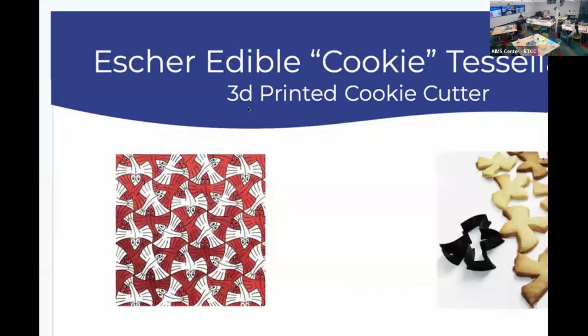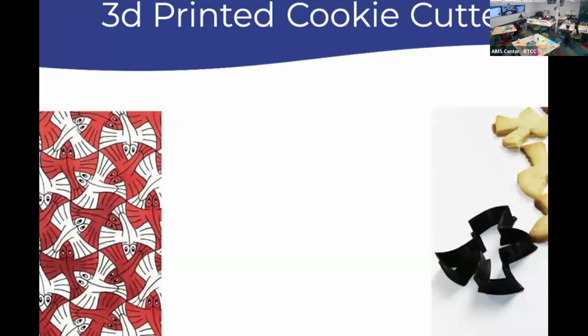We do have one last thing yet that I don't know how successful it was, but we were having fun. You can go ahead and pull the paper towels off that. I love 3D printing.